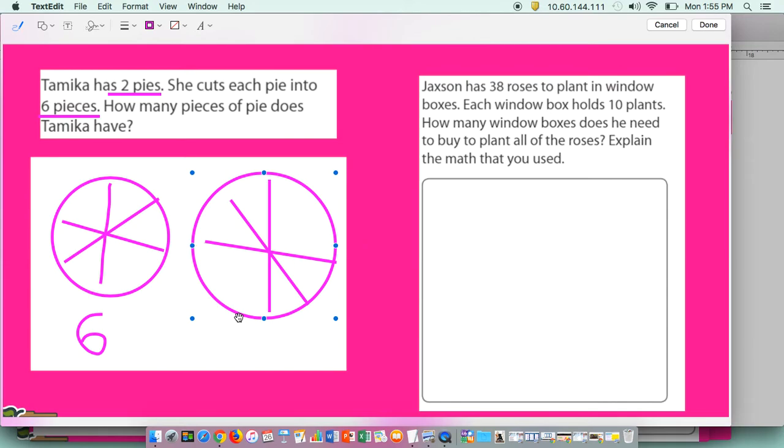How many pieces of pie does Tamika have? If I have 6 pieces here and 6 pieces here, what operation do I have to do to know the total? Pause the video while you think of this. Six plus 6, it is 12. All right, pause the video if you're still working on this problem.